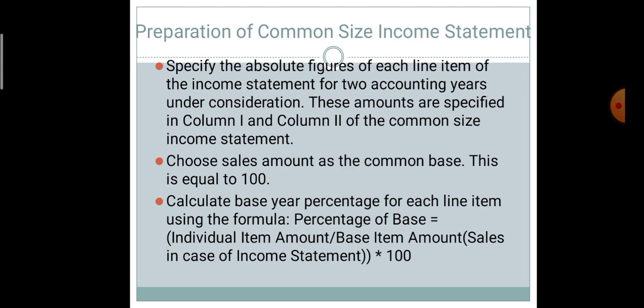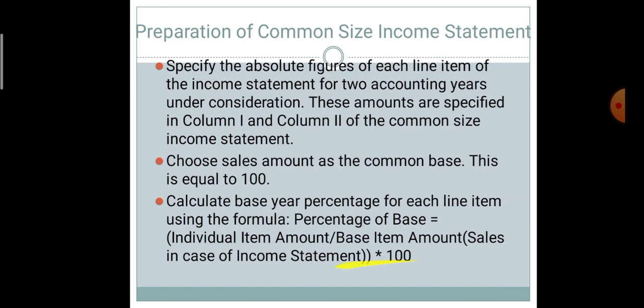This is equal to 100. Calculate base year percentage for each line item using the formula, that is, percentage of base is equal to individual item amount divided by base item amount, that is sales in case of income statement, into 100. So this is how you will be calculating the base year percentage.